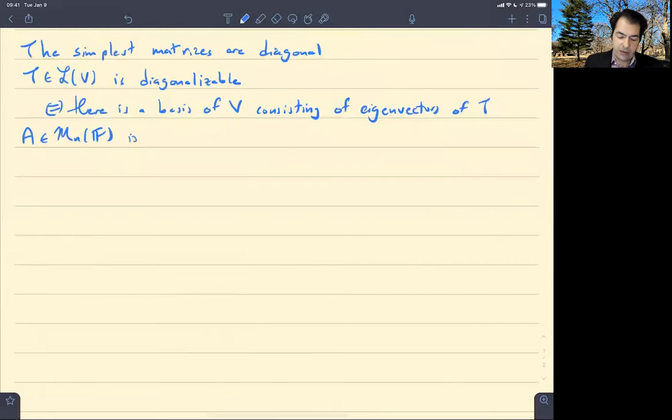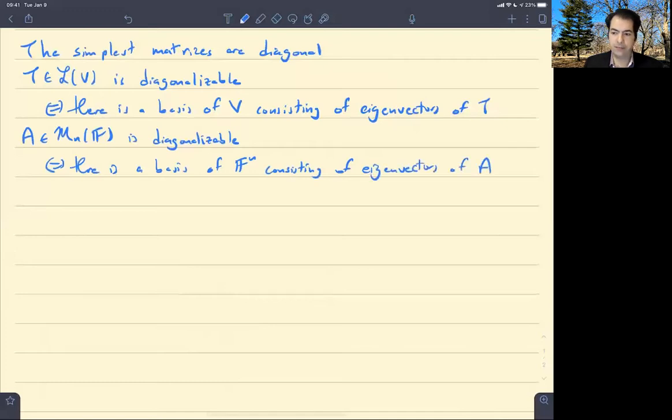A matrix is diagonalizable if there is a basis of F^n consisting of eigenvectors of A. Okay, so there are matrices for which you cannot find an eigenbasis. So you cannot find a similar matrix that is diagonal.